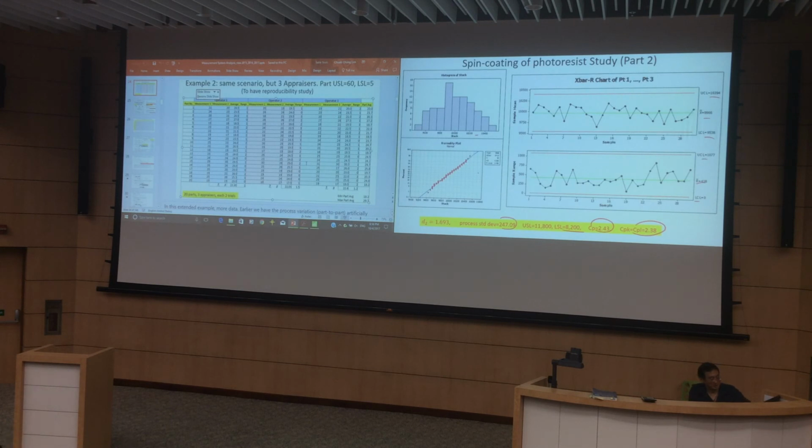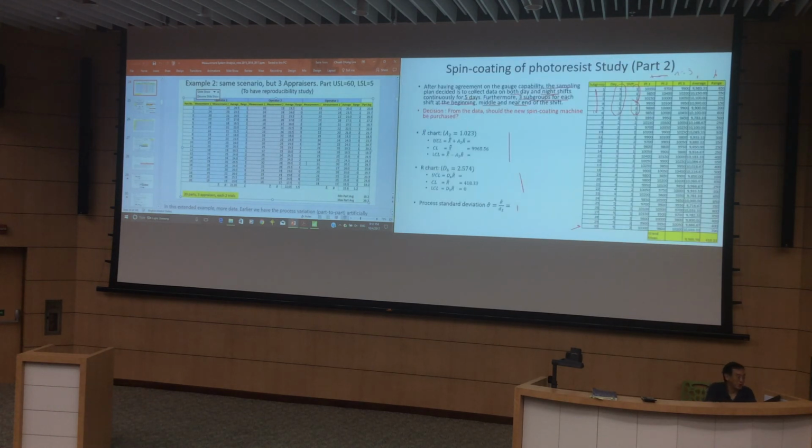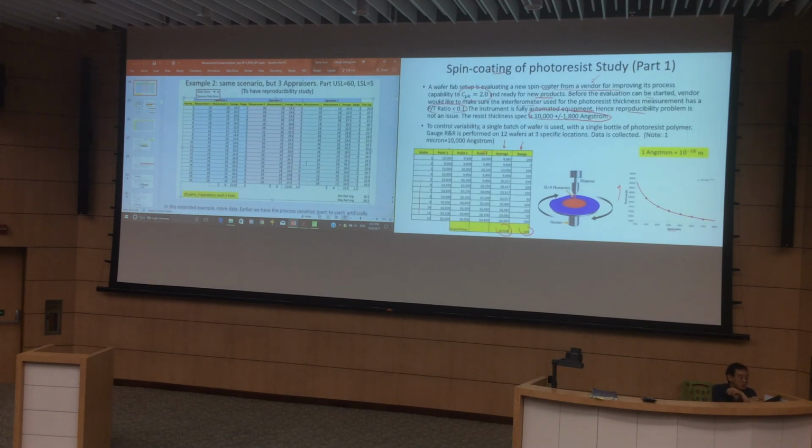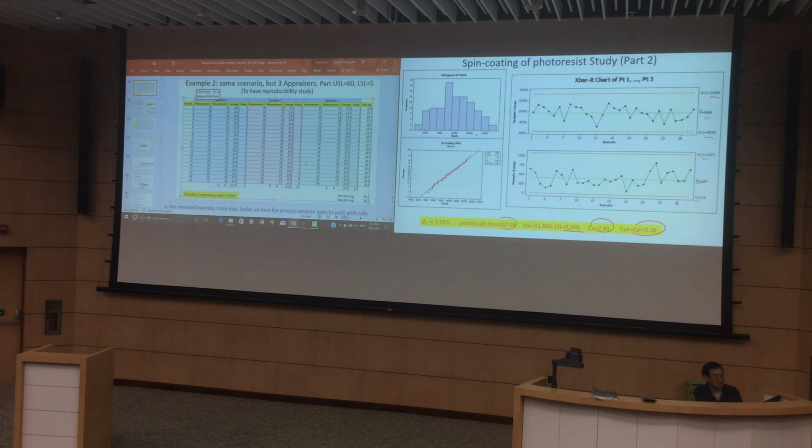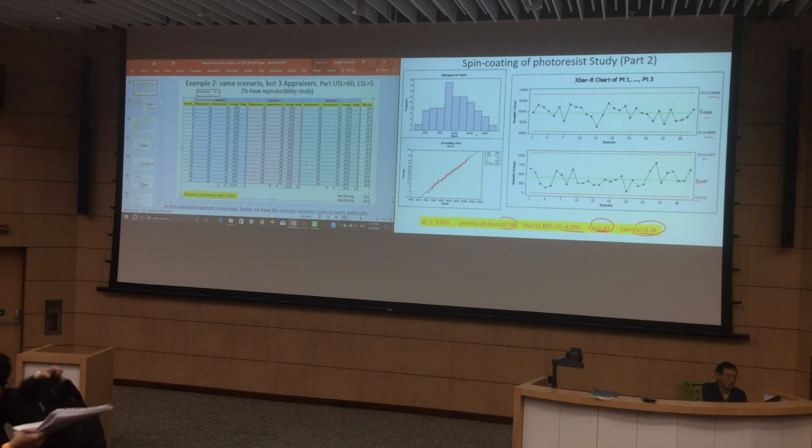So, okay or not? Based on the requirement in the first one, they want a Cpk of 2. So in this case, the Cpk of this tool is here.